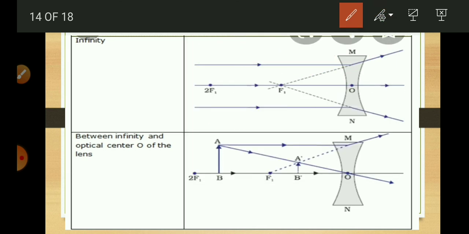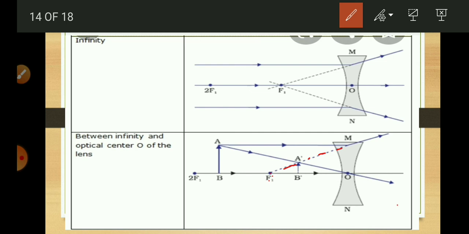Next case is what? When object is placed between infinity and optical center of the lens. So when the object is placed at any point between infinity and optical center, again we have to take the same rays. The ray which is going parallel to the principal axis appears to have emerged from F1, and a ray which is passing through optical center.